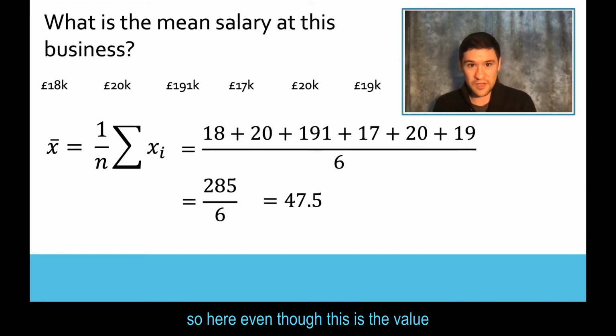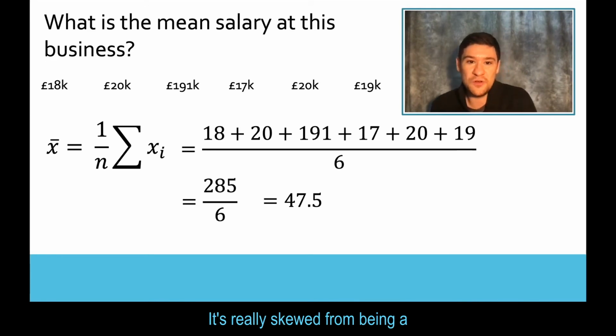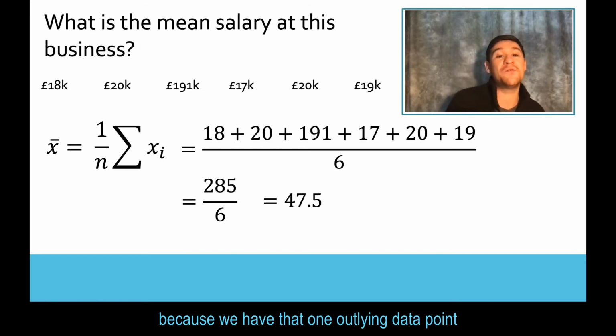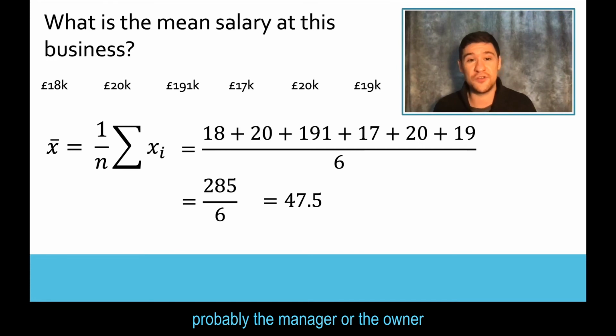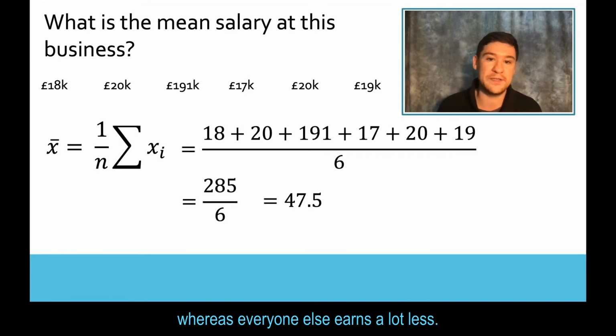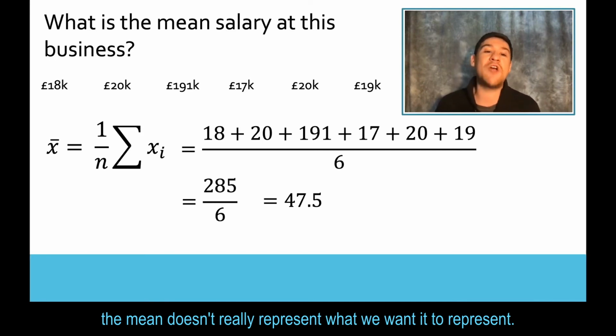So here, even though this is the value which minimizes the distance between it and all other values, it's really skewed from being a true measure of where most of the data lie, a centrality, because we have that one outlying data point, probably the manager or the owner, who earns such a huge amount of money, whereas everyone else earns a lot less. So for skewed data, or for data with outliers, the mean doesn't really represent what we want it to represent.